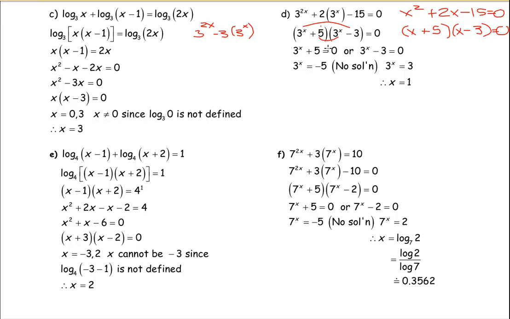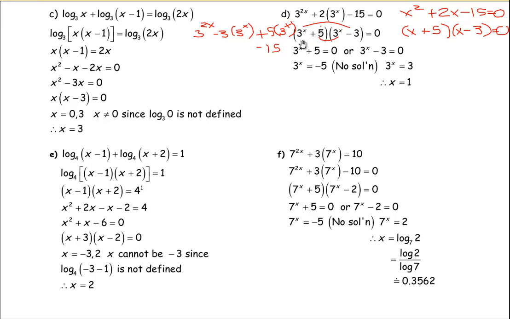If you multiply these together, that would be a plus 5 times 3 to the x. And I'm kind of running out of room, but 5 times negative 3 is negative 15 on the end. So there's the negative 15 on the end, the 3 to the 2x here, and if you add negative 3 times 3 to the x and 5 times 3 to the x, like terms, you get 2 times 3 to the x. So that just demonstrates that that factoring is correct.